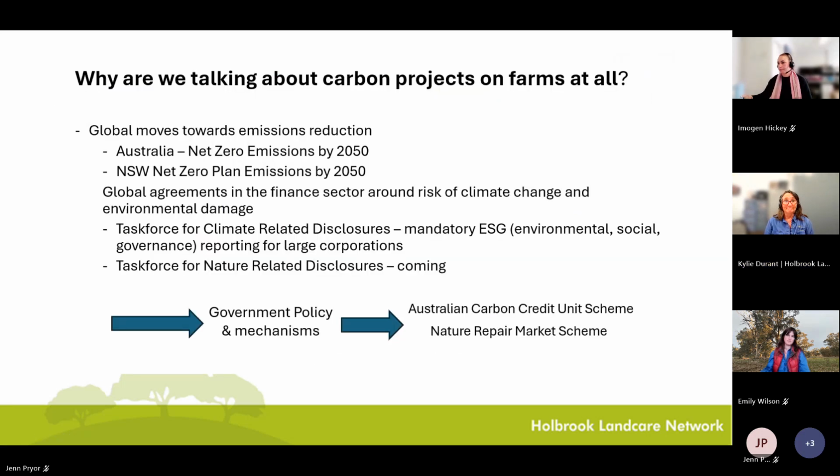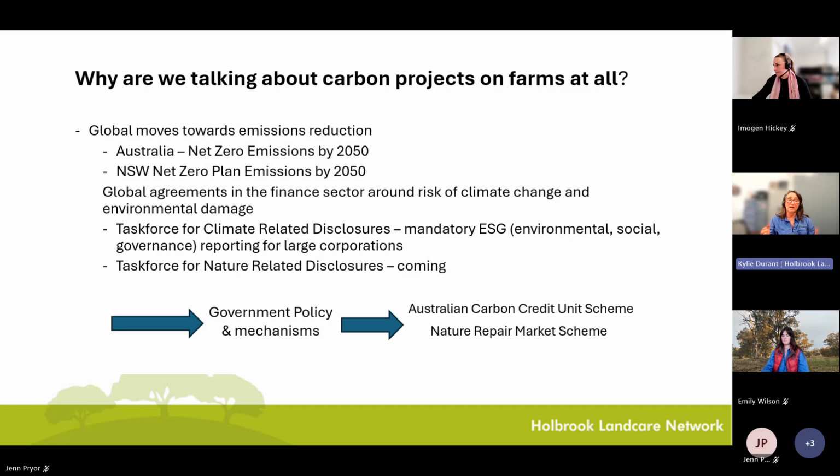First slide. Yep. So that question: why are we talking about carbon on farms at all? I think most people know this inherently, from all that's been going on in the last few years, but the global shift towards doing something about emissions in order to address climate change is what's really driving all of this.